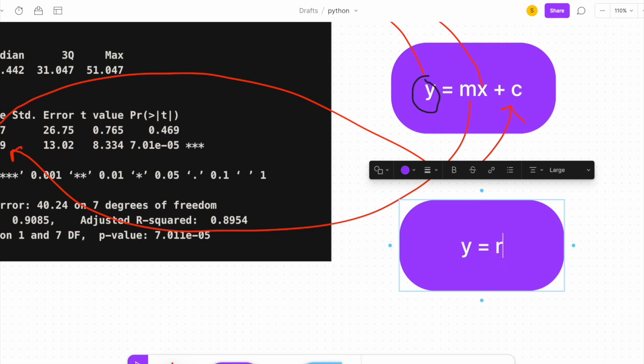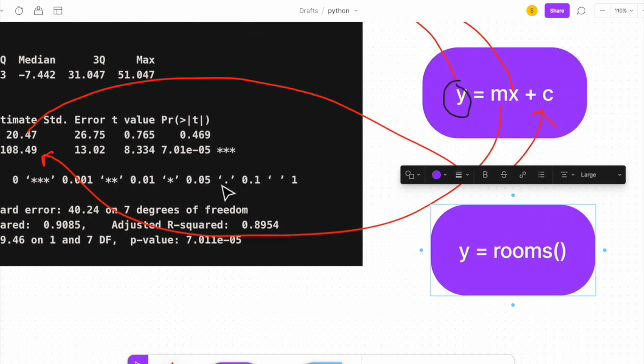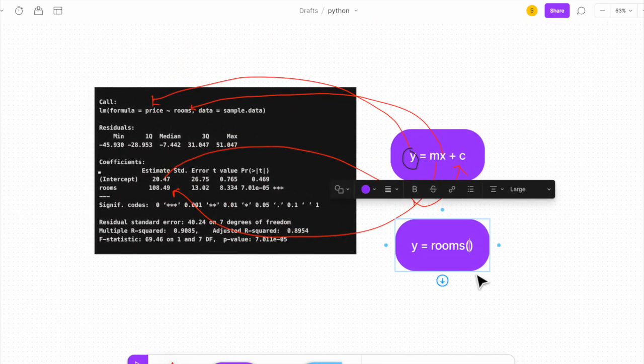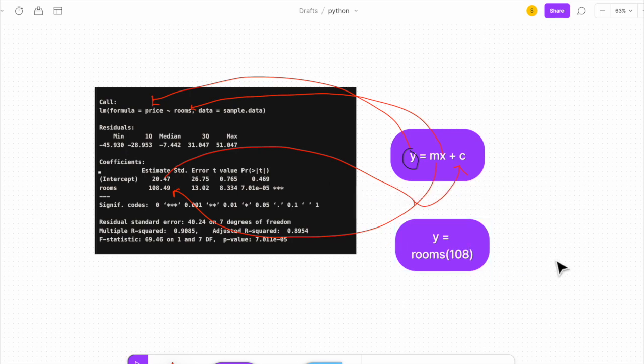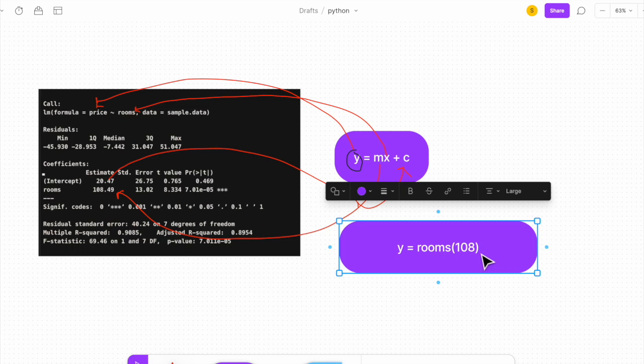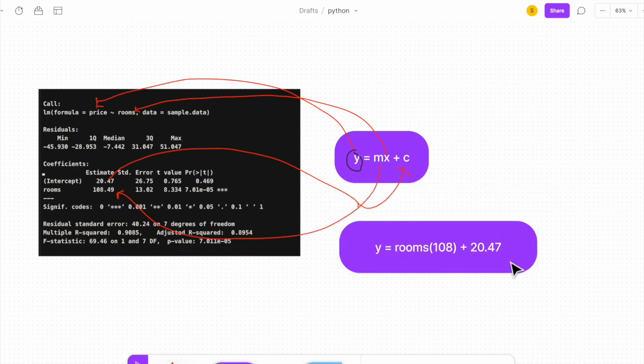The m is rooms, which is 108. I might have to increase the size. 108 plus the intercept is 20.47. This is the equation which we get from our linear regression.